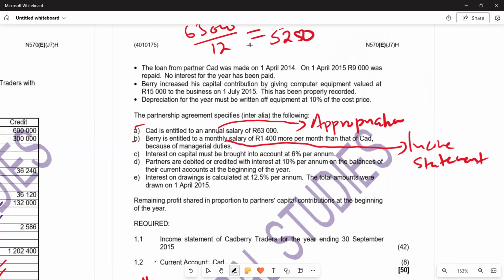So this one, that is the one that is being said. Barry now is earning 1,400 more than this one. So we are adding 1,400, and then we get 6,650. So Barry is earning 6,650 per month.